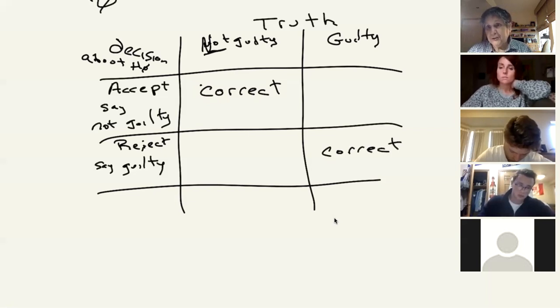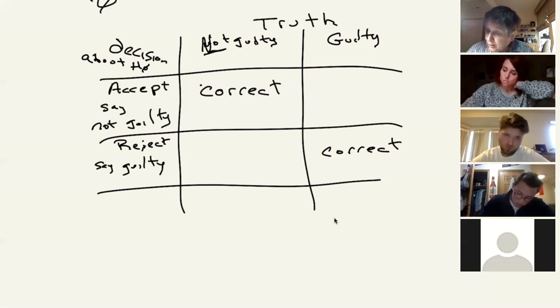Now you can see that there's 2 ways to get it wrong. So I'm going to go down this not guilty column. If they're not guilty, but we say they're guilty, we've made a mistake. We call it an error in hypothesis testing.